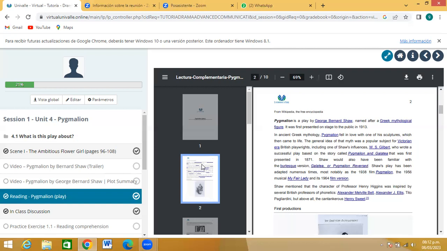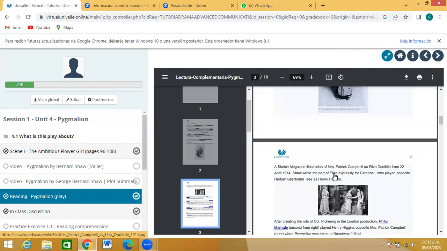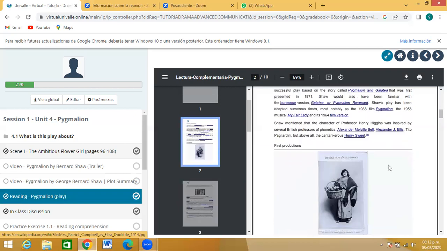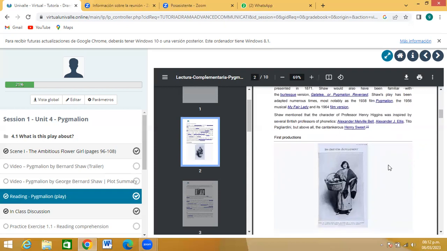Okay. Have you read some of them before, or is it the first time that you hear of it? Well, this is the first time that I heard about Pygmalion, so I haven't had a chance to read about them. Okay, we're gonna see here something. Here you can see the pictures related to Pygmalion.